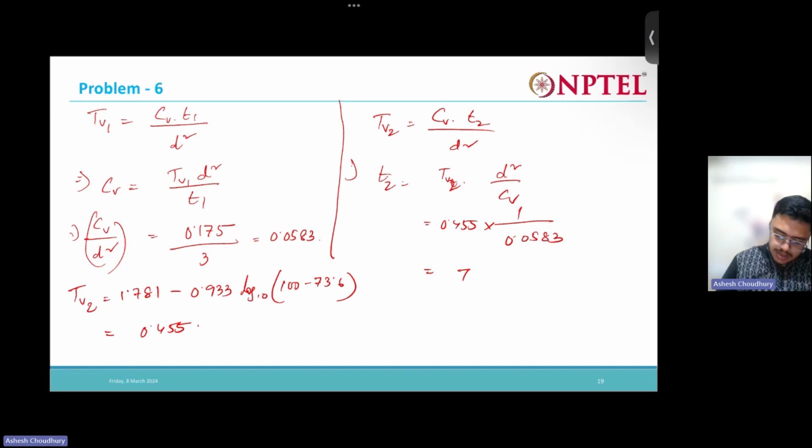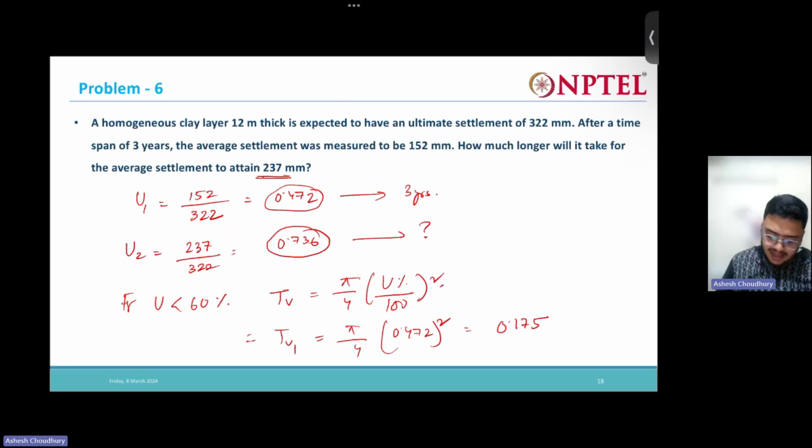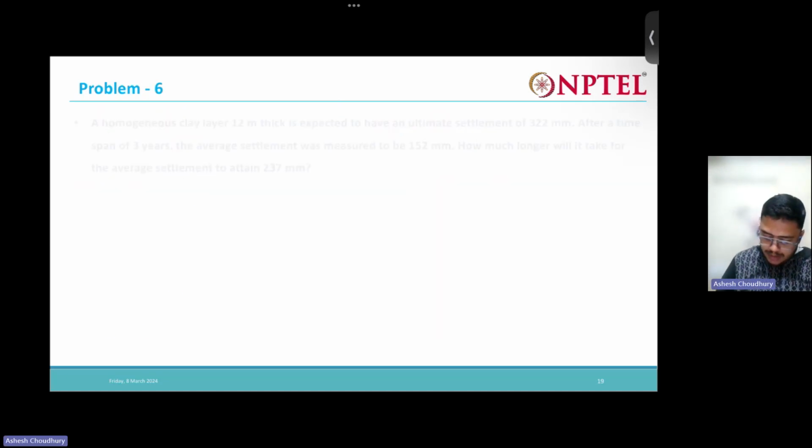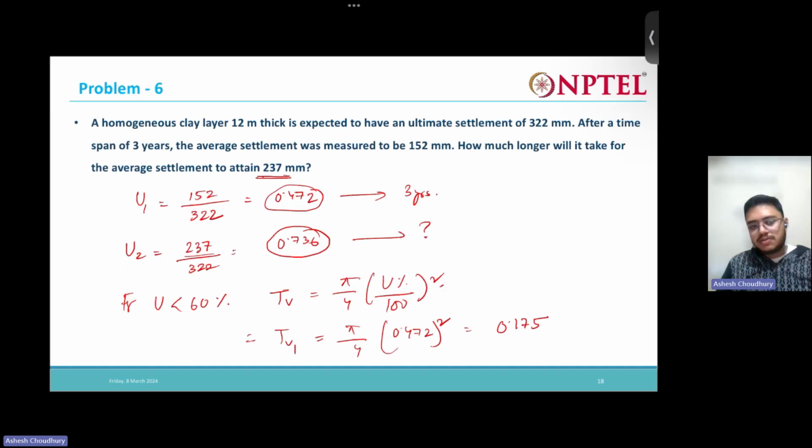This will come out as 7.8 years. Okay, that means in 3 years 152 mm settlement occurs, and in 7.8 years, 237 mm settlement occurs as given.